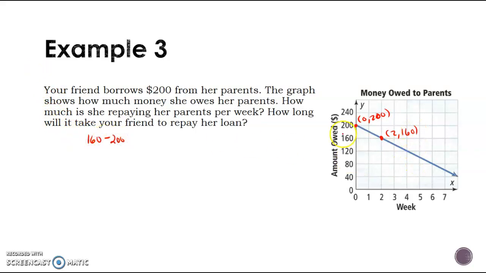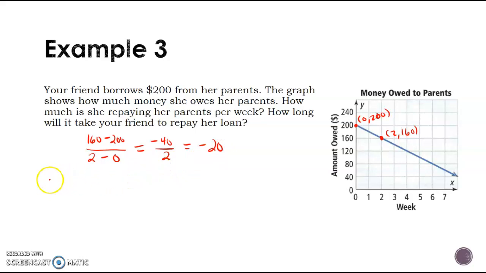So since I took the 160 first, then I'm gonna pick the 2 second, 2 minus 0, right? So 160 minus 200, 2 minus 0. I've got my 2, 160 and my 0, 200. And then 160 minus 200 is a negative 40 over 2 minus 0 is 2. And negative 40 divided by 2 is a negative 20.